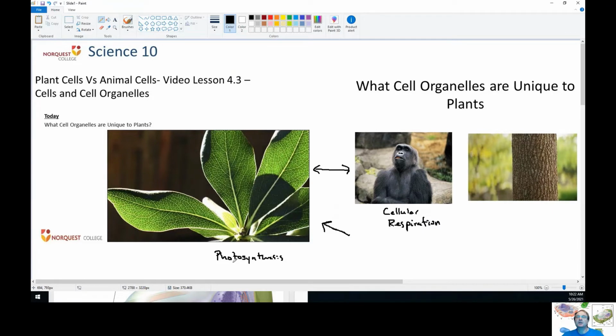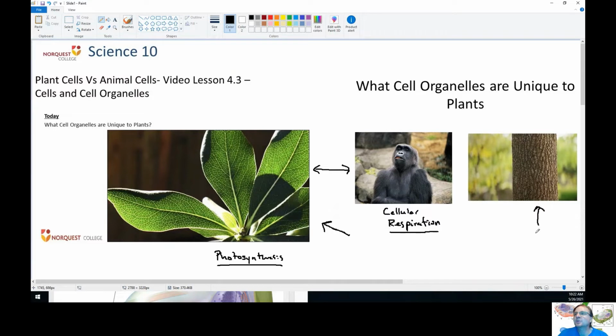And what do cells do? They control chemistry. The organelles inside of cells help control chemistry, so it's going to be the chloroplast that does that. And of course, cellular respiration, that's the mitochondria that does that. Found in both plant and animal cells, but much more prevalent in animal cells. Here's another big difference.